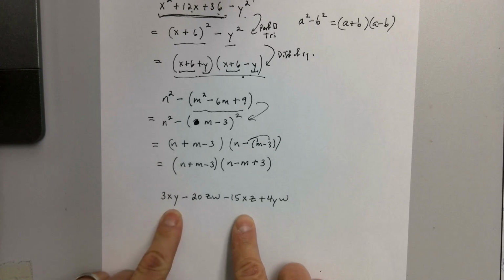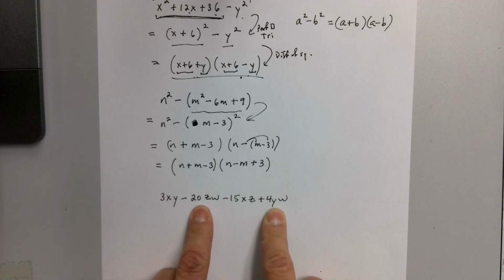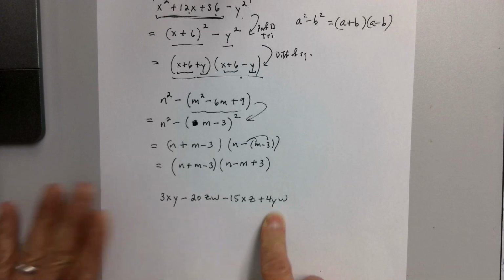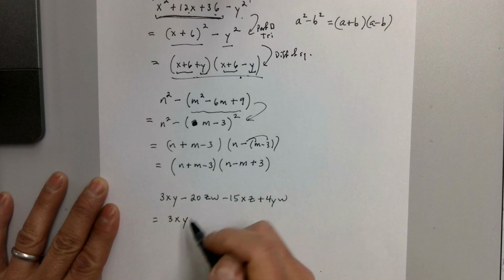I see that 3xy and negative 15xz have something in common. And I also see that the second and the fourth terms have something in common. So I'm going to rearrange my terms so that the terms that have something in common are next to each other.